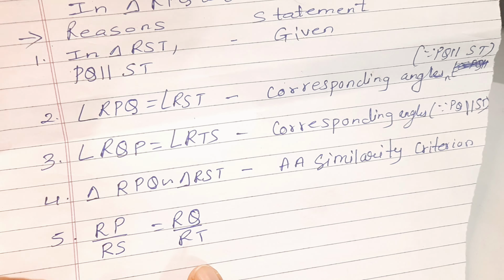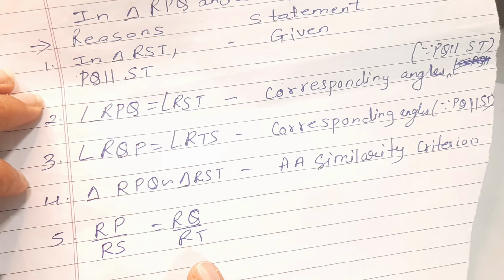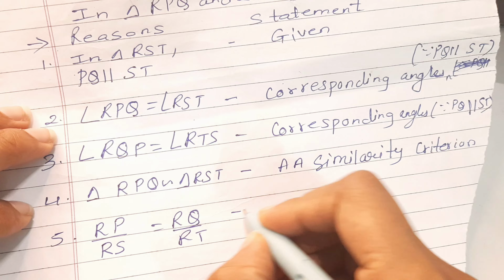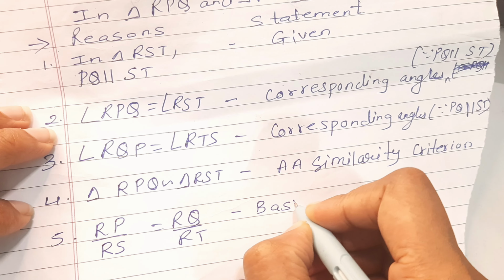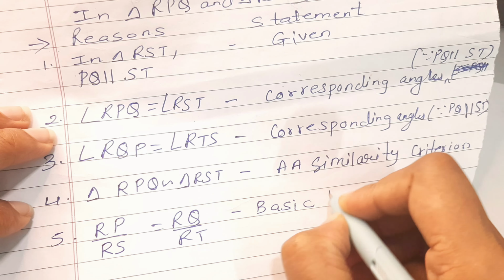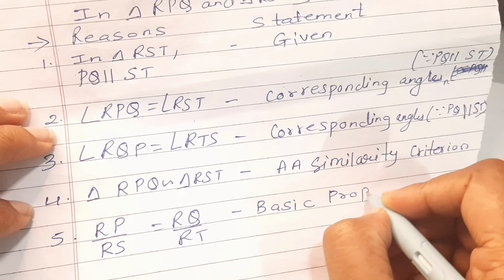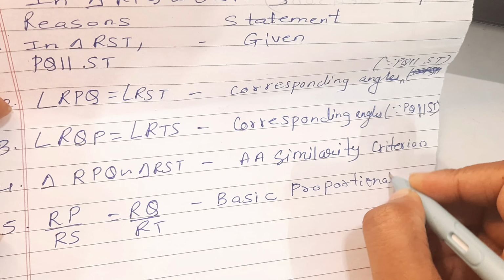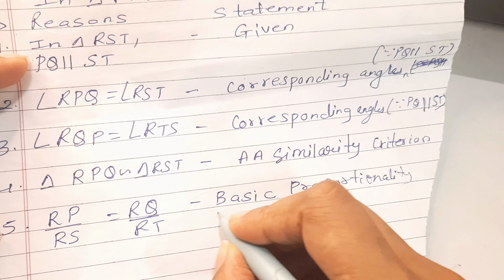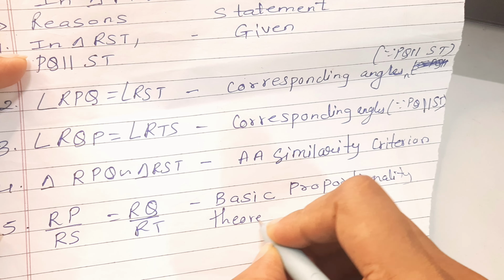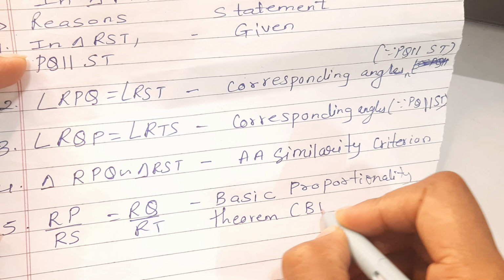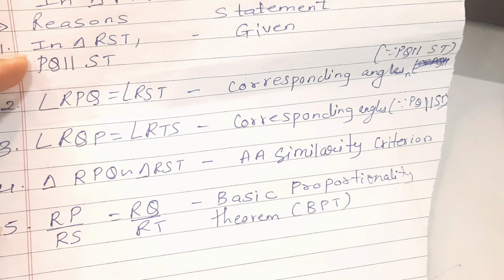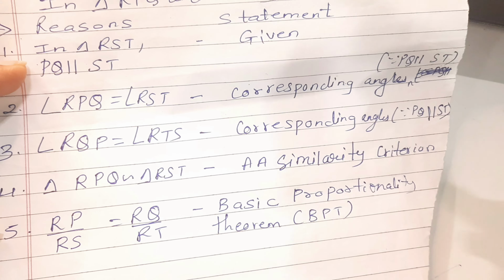Okay, with this I can say this. Okay, this is the basic proportionality theorem. You even call it BPT. Okay, means basic proportionality theorem.